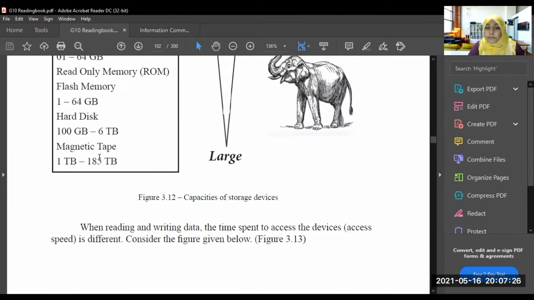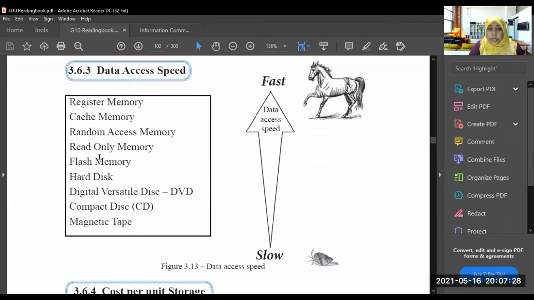Now consider the register memory as a small room, and the hard disk as a big room. In this big room there are a lot of books, and in the small room also there are books. But when you are accessing things from both of these rooms, in which room can you find the needed thing very quickly? Now tell me.